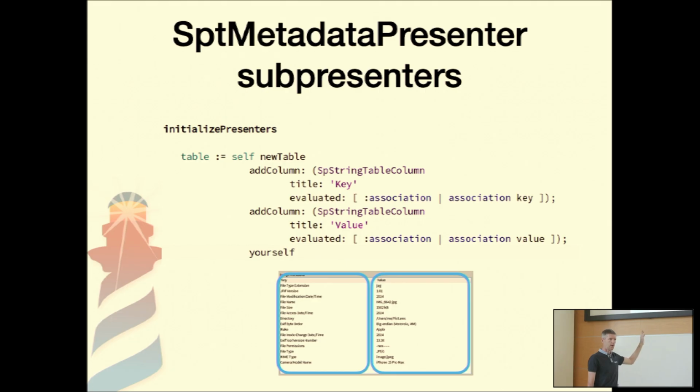My presenter as input, its model will be a collection of associations. So I just want to have the association key to be displayed. And for the second one, it is also a string column, and I will only display the value of the association. So it's really simple.